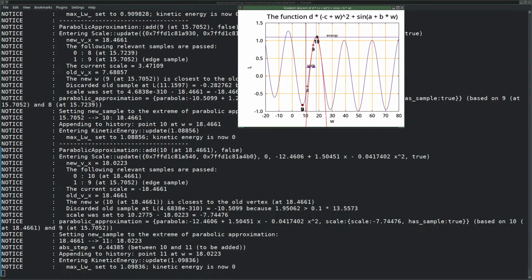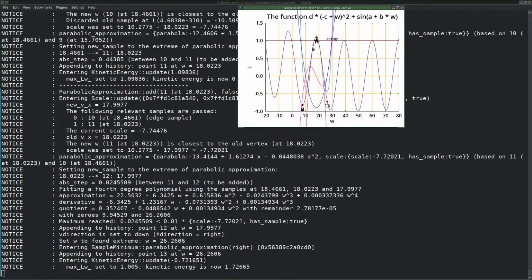And then we find the maximum here at some point. You got to be kidding me. This is fitting a 4th degree polynomial. That should not happen, I think. Pretty sure that should only happen for the minimum, when we find a minimum, not the maximum.